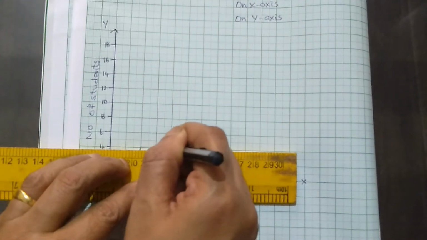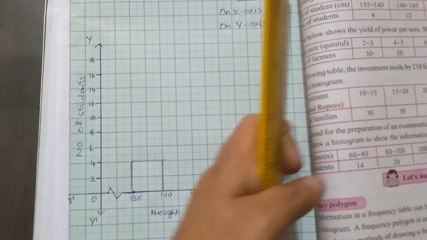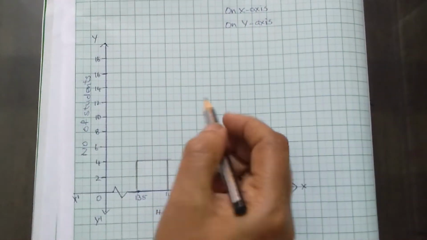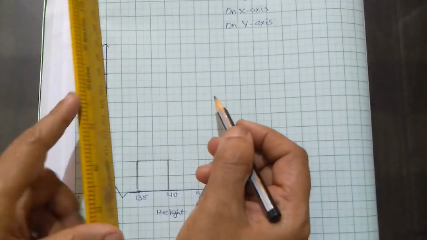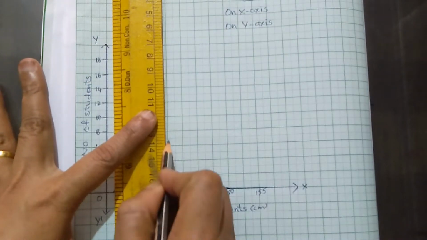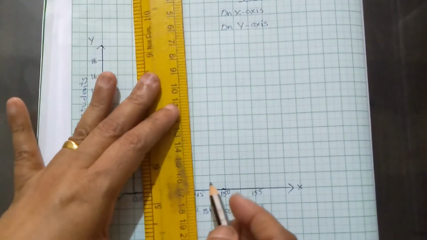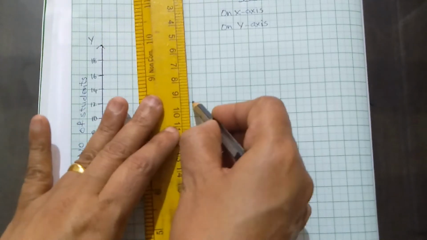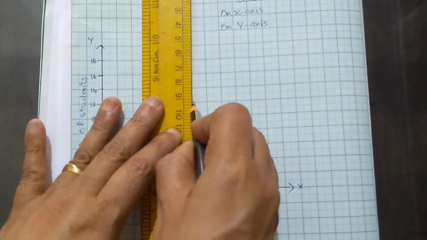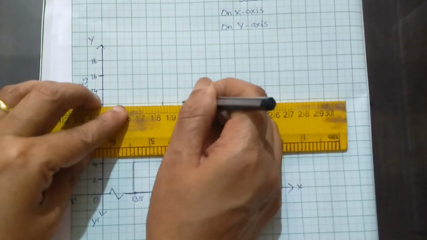So the first one is over. Next one, they have said 140 to 145 is what? 12. So till 12 you will draw. That is still here. So 12 students are having from 140 to 145 centimeter height.